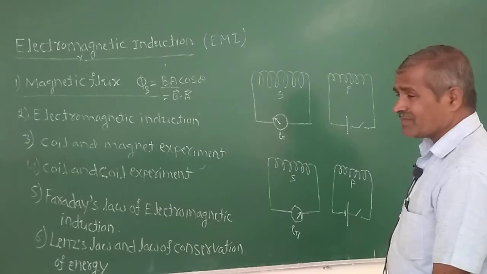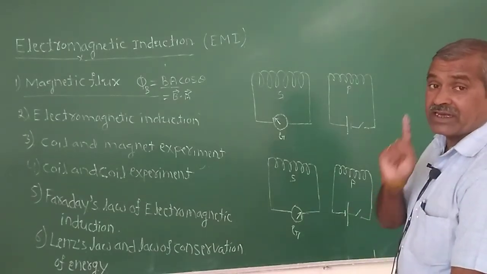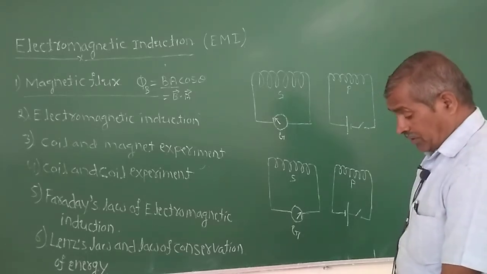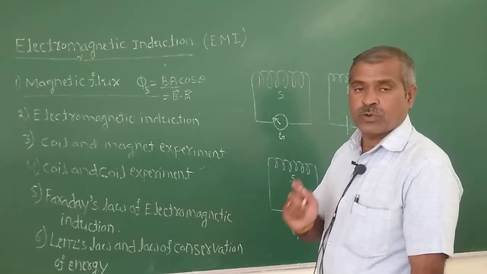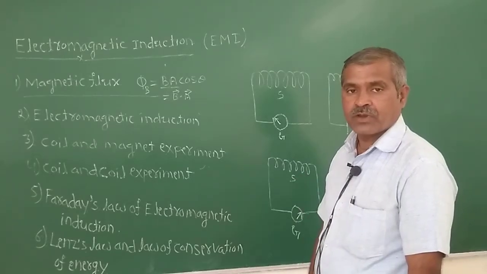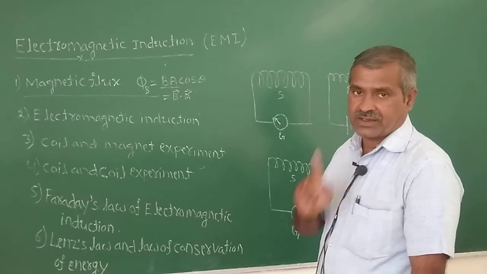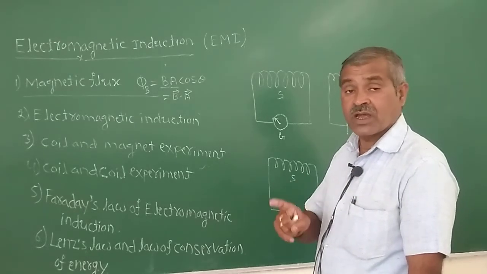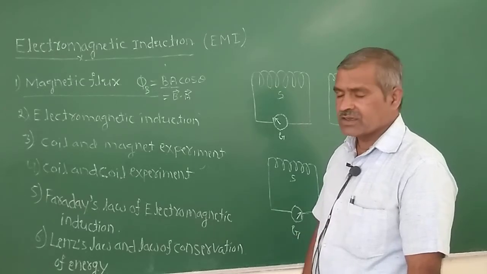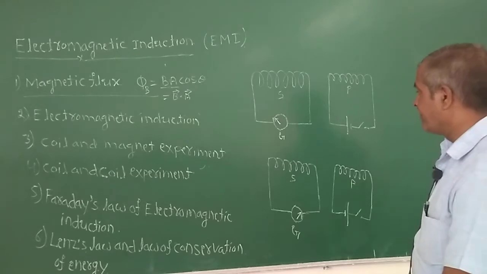Already we know the basic thing: in any conductor, when current is flowing, a magnetic field is produced around that conductor. This is already in the previous chapter, you know that one.